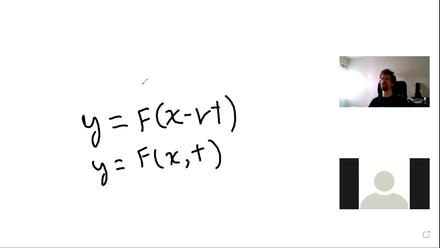The difference really is that this form here of the wave function is a lot more specific as to what the function looks like.